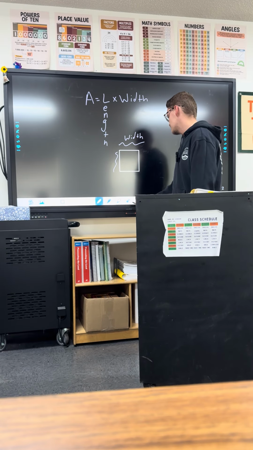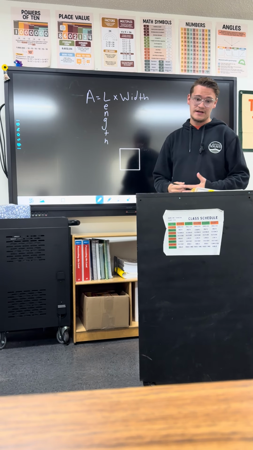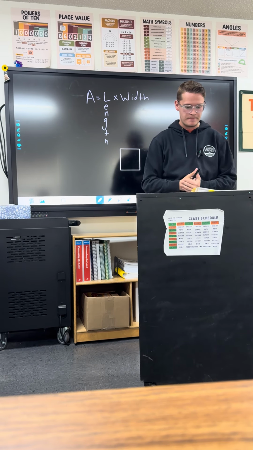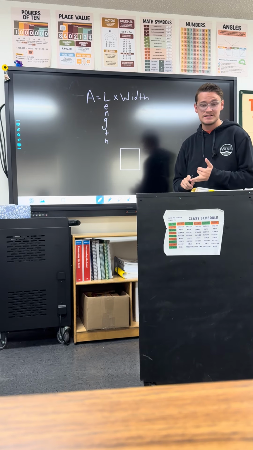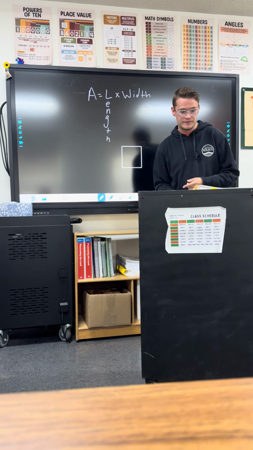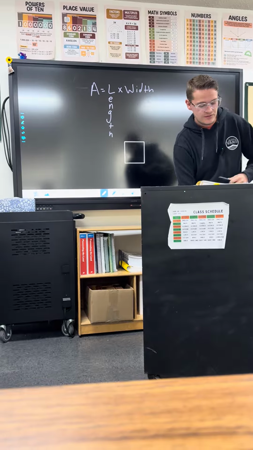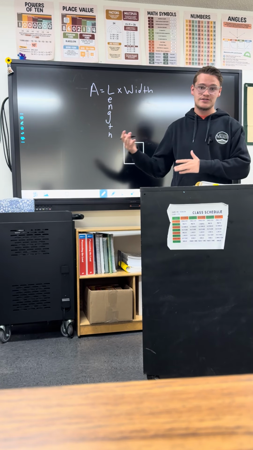You're going to be given a shape, and it is going to have measurements with it, and you're going to multiply these as our formula tells us. The facts say inches times inches will always be square inches. Feet times feet will always be square feet. Yards times yards, square yards, and so on. Remember that you should always have squared as your answer.